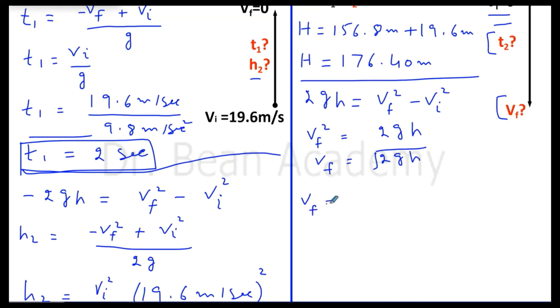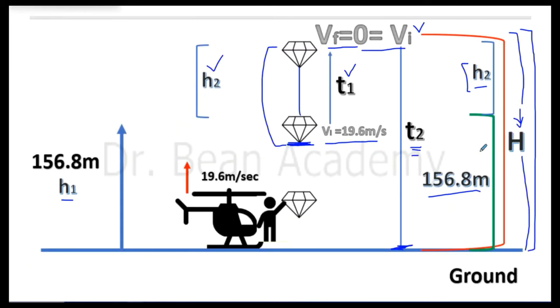I will put the values. Square root of 2 times 9.8 meter per second squared multiplied by the height. And remember, this height is the total height for the downward motion. Let me show you.